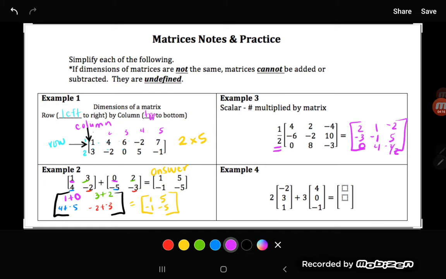For example 3, your answer matrix is 2, 1, negative 2, negative 3, negative 1, 5, 0, 4, and negative 3 over 2.